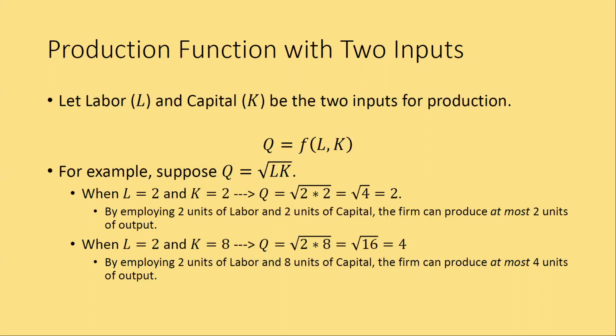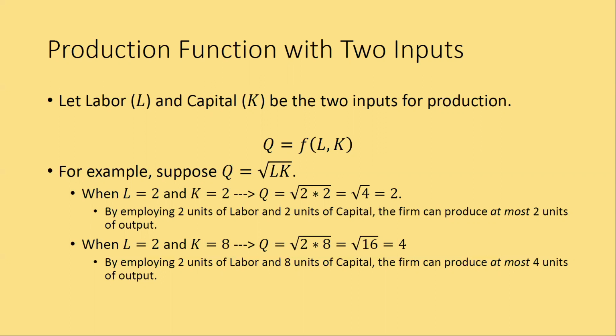And we will realize that Q equals the square root of 2 times 2, which is the square root of 4, which is 2. So this is saying that by using 2 units of labor and 2 units of capital, the firm can produce at most 2 units of output.